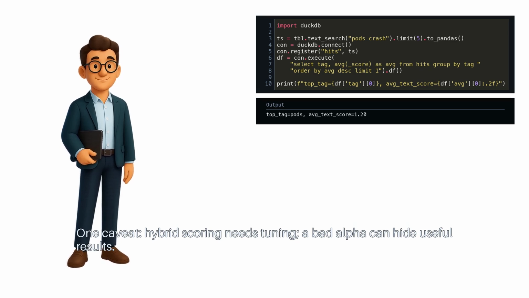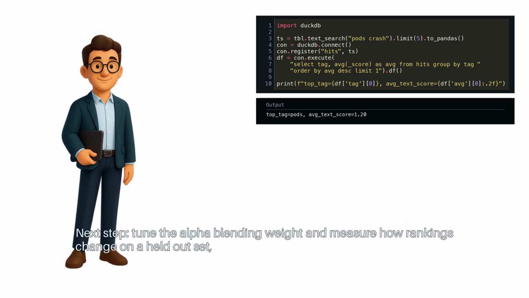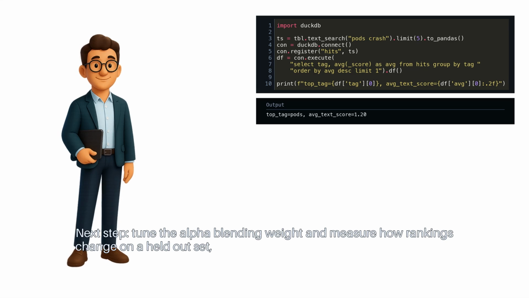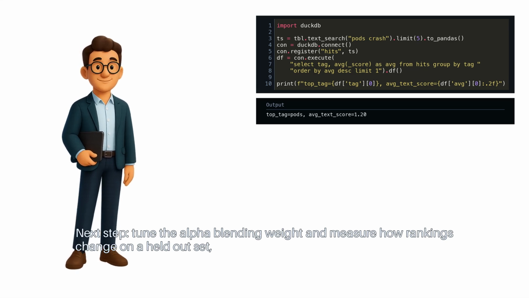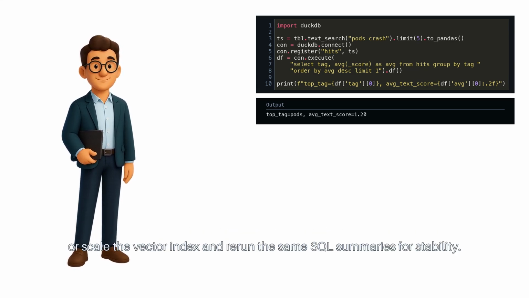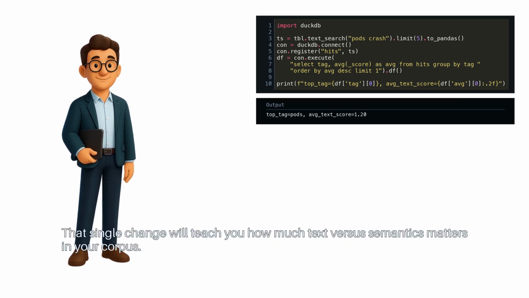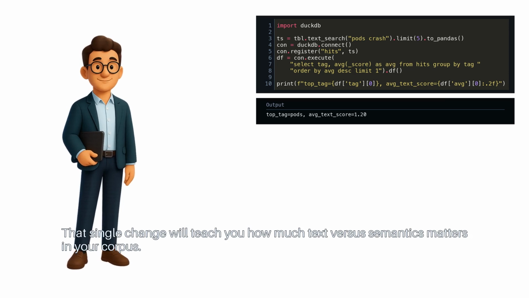A bad alpha can hide useful results. Next step: tune the alpha blending weight and measure how rankings change on a held-out set, or scale the vector index and rerun the same SQL summaries for stability. That single change will teach you how much text versus semantics matters in your corpus.